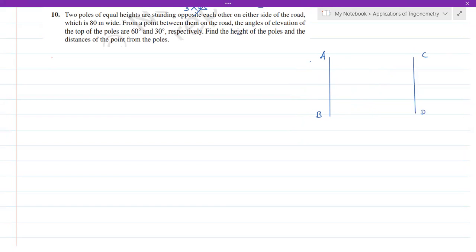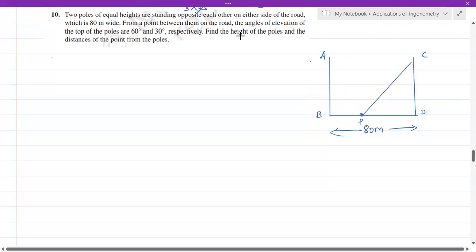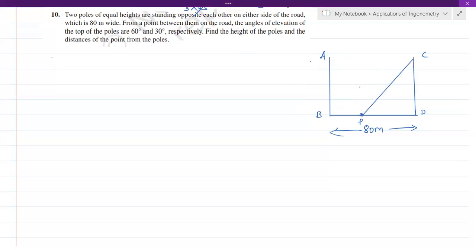BD is the distance between the two poles, which is equal to the width of the road, 80 meters. Now somewhere in between, at this point, we are watching the tops of both the poles.